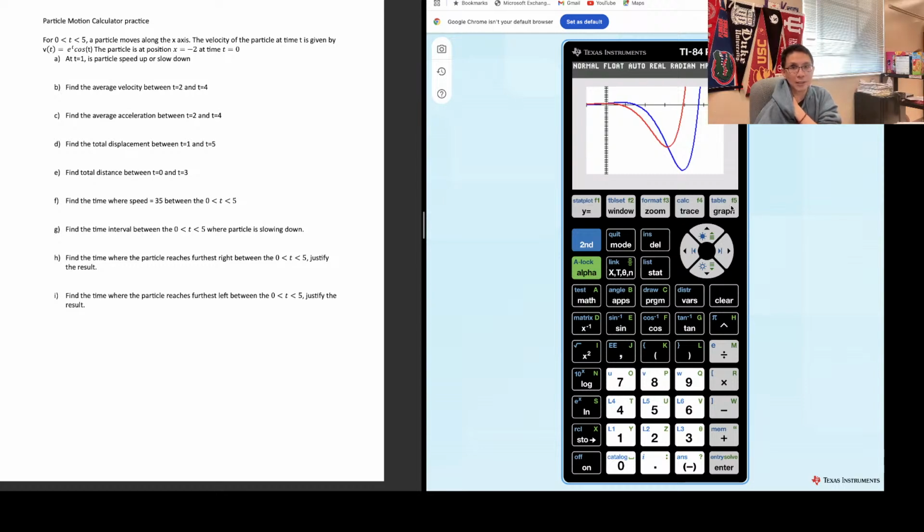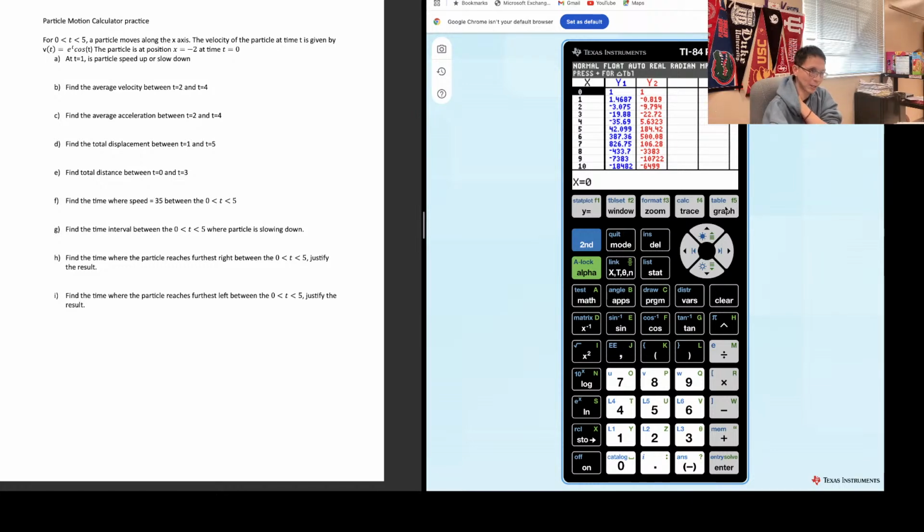To compare velocity and acceleration, the best way is to just do a table. Second table, and this is the advantage of using the calculator because it can give you both values at the same time. On Desmos, you can do the same thing, but you have to type in extra things. Essentially, we're roughly at the same speed. So on this one, you must write down v of 1 is equal to 1.4687, which is rounded to 1.469.